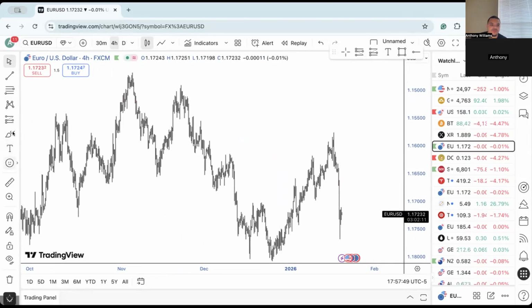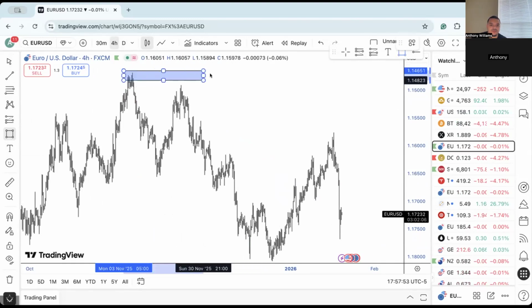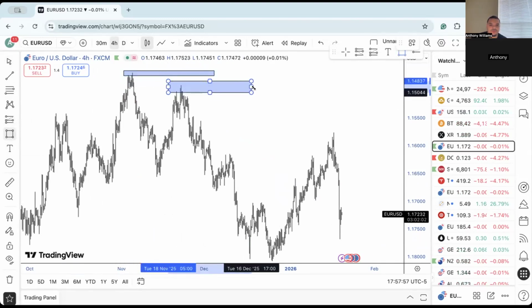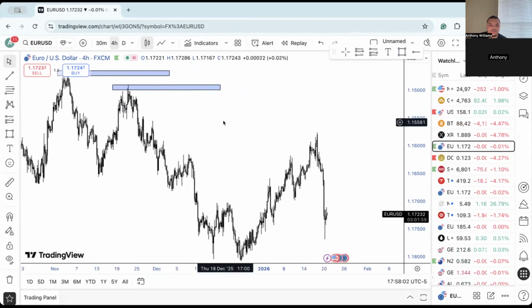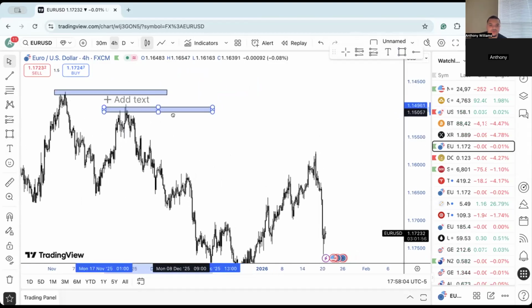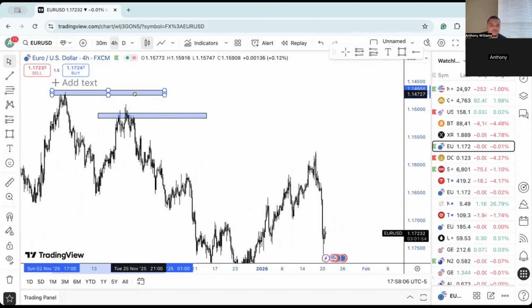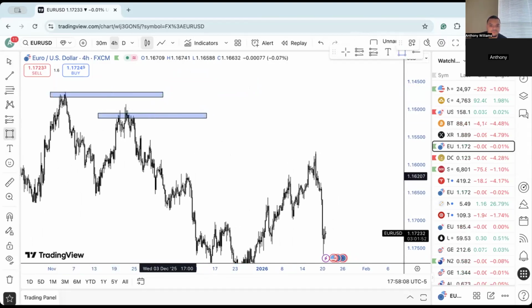Obviously, you see stuff like this, like resistance areas. Let me get all the resistance areas so you can see where I'm coming from.